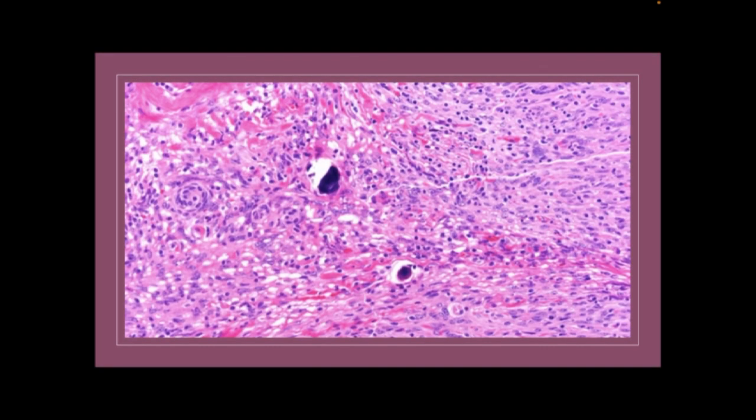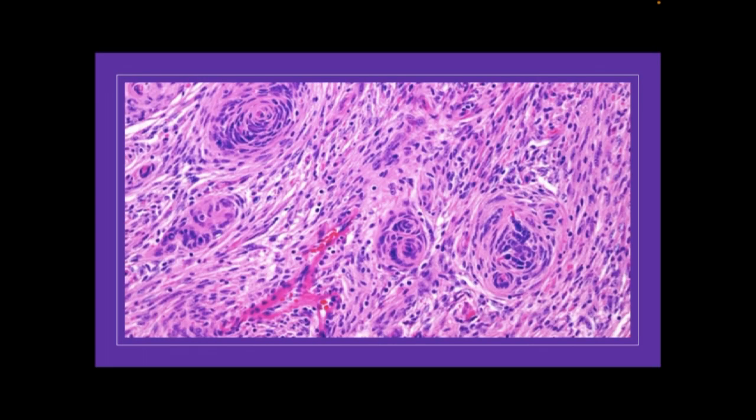In this higher view, we can appreciate the presence of a psammoma body, a calcification, and the cells are round to oval with syncytial cytoplasm, in which we can't really delineate the cytoplasmic membrane. They appear continuous with one another. This is another microscopic feature of meningioma: the whirling pattern in a syncytial arrangement.